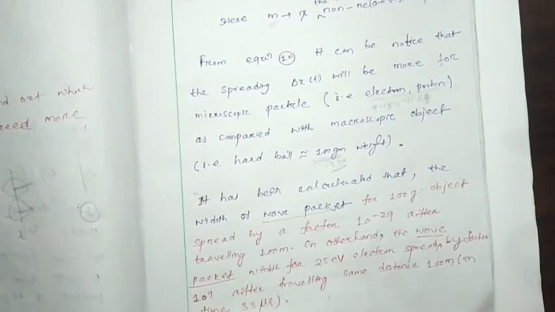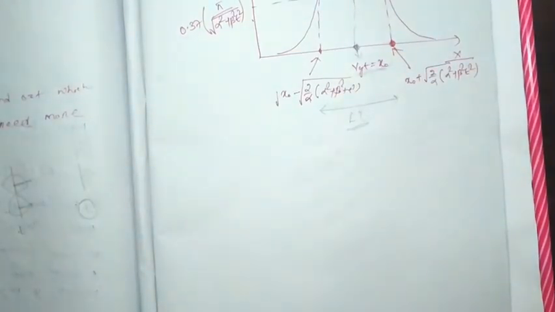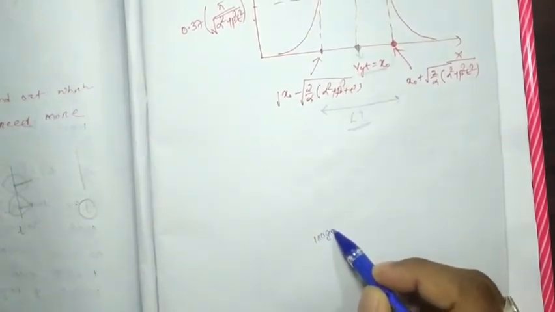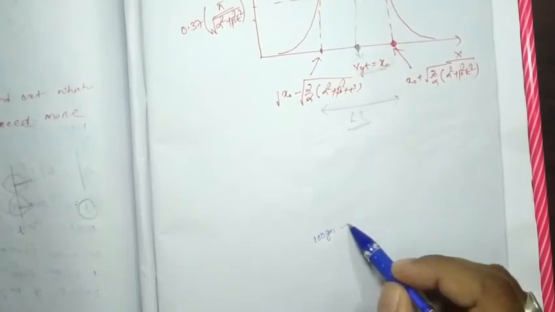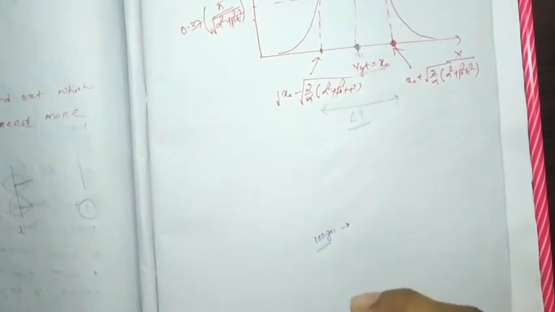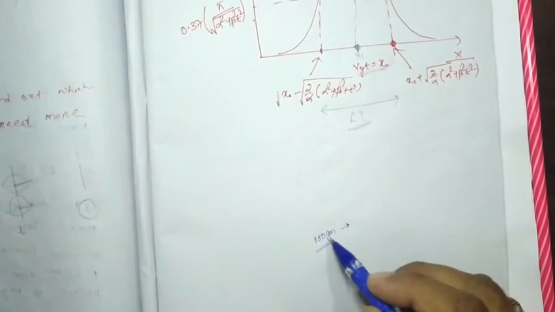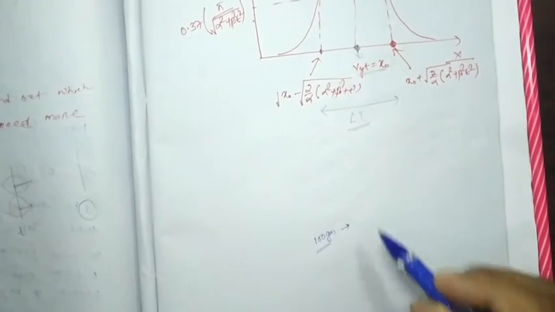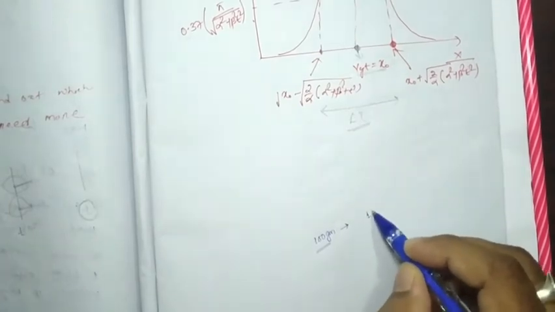So here factor means what? Suppose for a 100 gram object, for a particular time, its wave packet width was 1 meter.